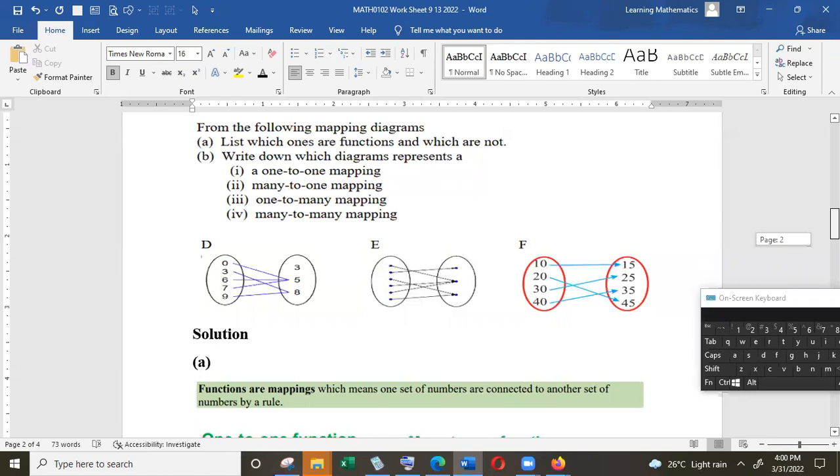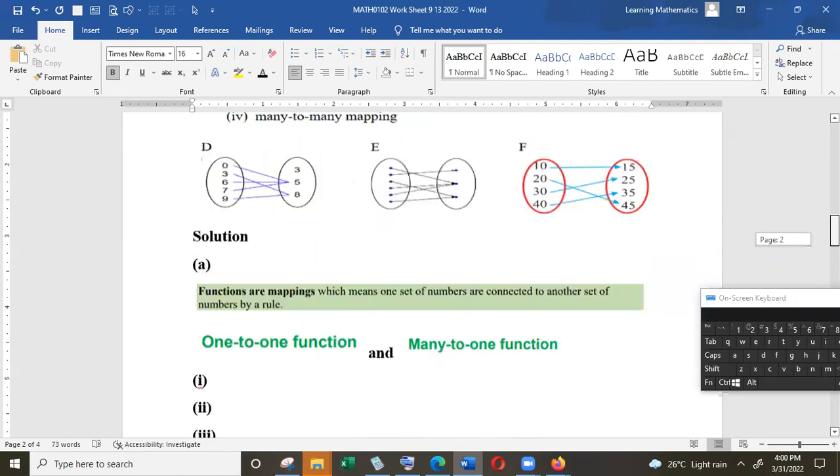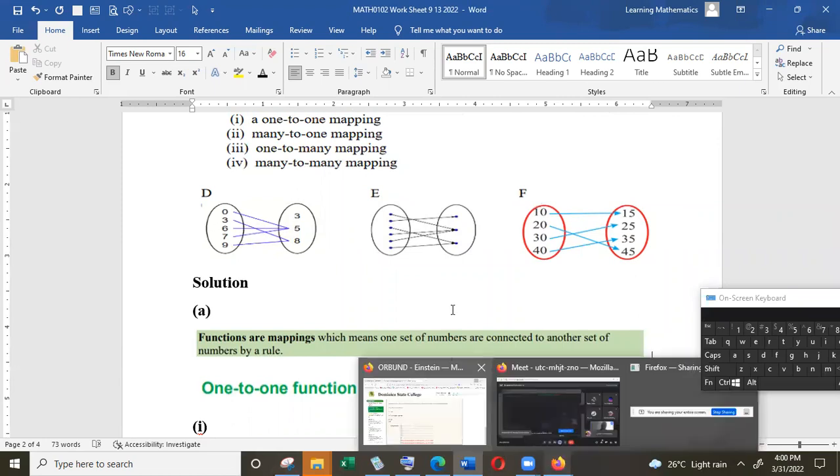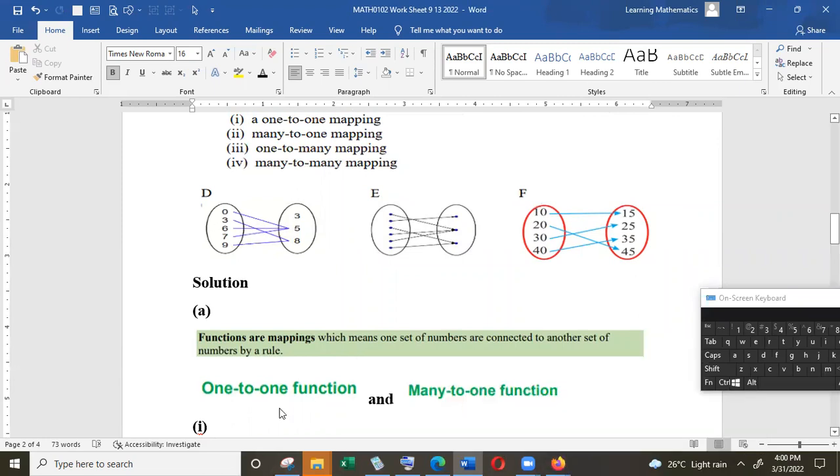Okay, name me the 4 types of mappings there are. So one-to-many and many-to-many are not functions. Right.